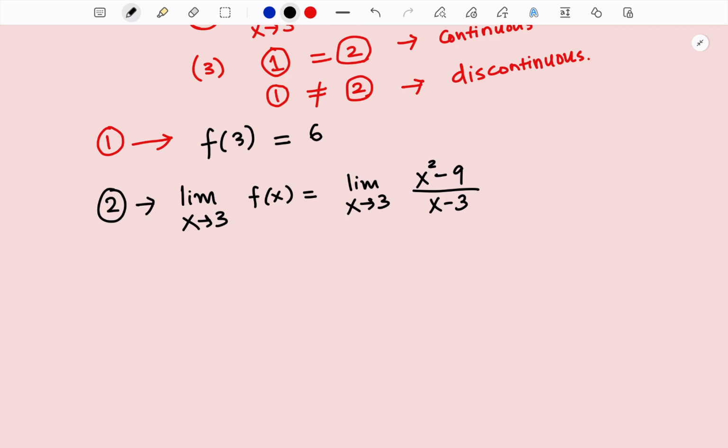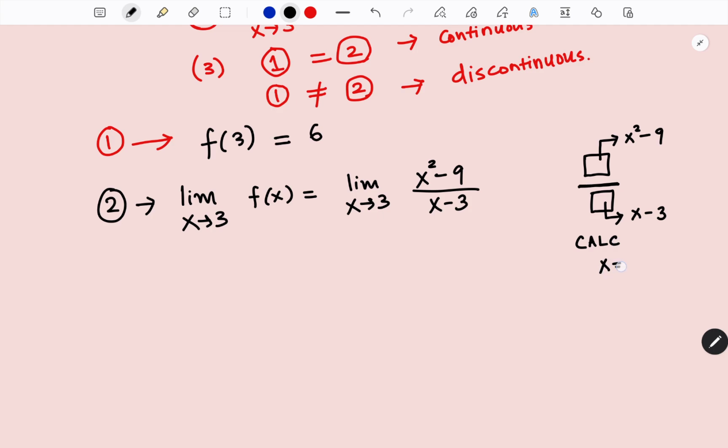If this situation comes, take your calculator and go to fraction mode, with numerator and denominator. Type in the calculator x squared minus 9 over x minus 3. Once you finish typing, press the button CALC.